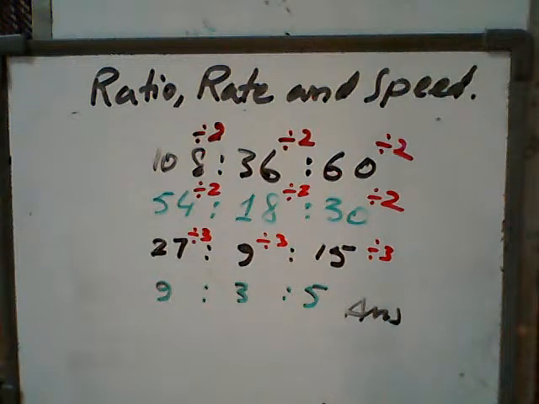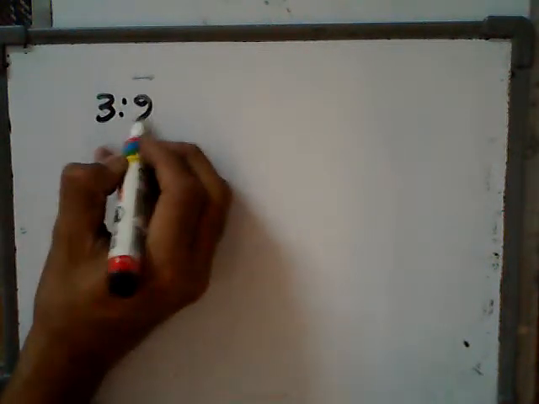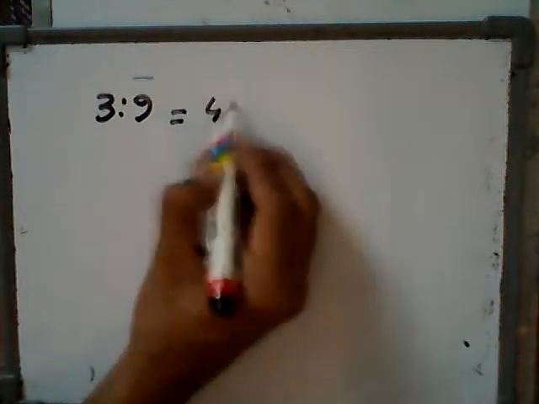Now the problem related to that is about a ratio in which some of the numbers are given and some are not given. So let's check it. I'm writing one of the problems here. 3:9 is equal to a:12.